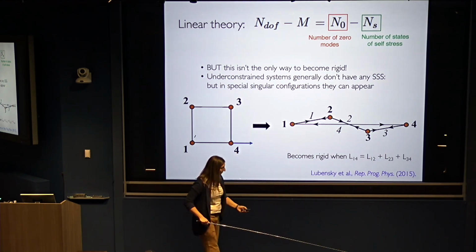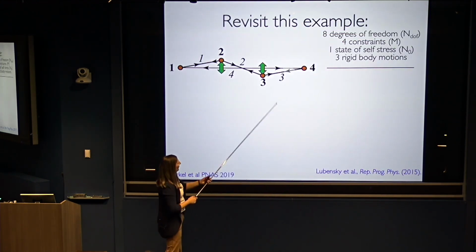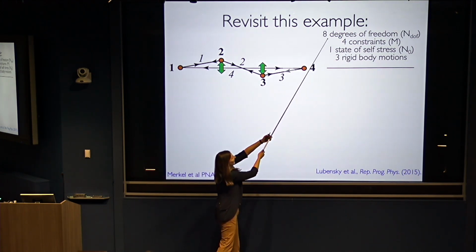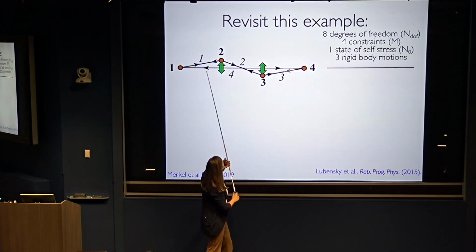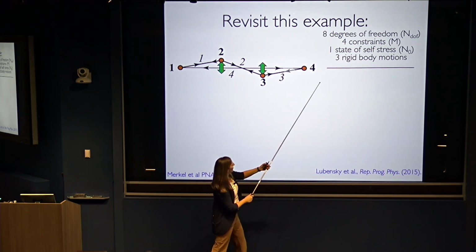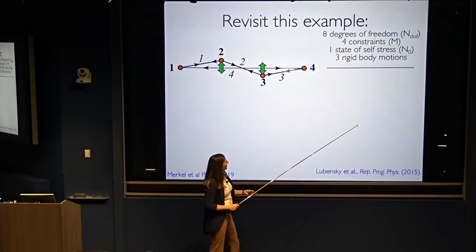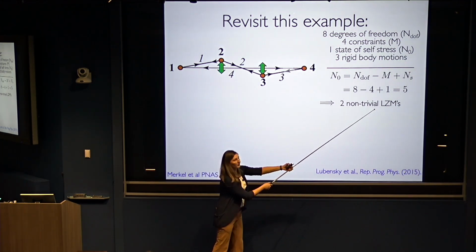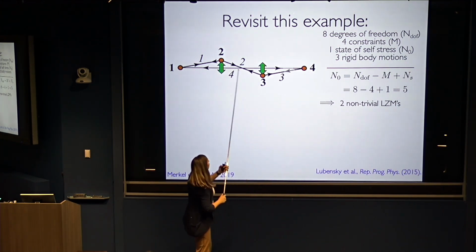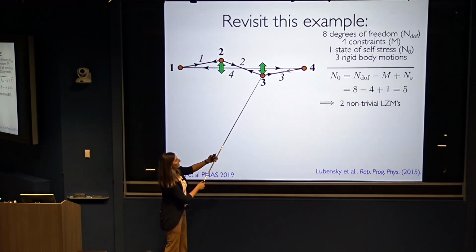Okay, so how do I understand that? Well, if I did constraint counting, I still have 8 degrees of freedom and 4 constraints. But now I've introduced a state of self-stress, and so when I subtract my 3 rigid body motions, I actually have 2 linear zero modes. And I'm drawing them here for you with these green arrows.